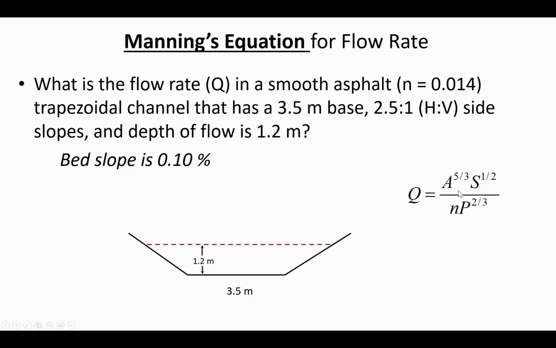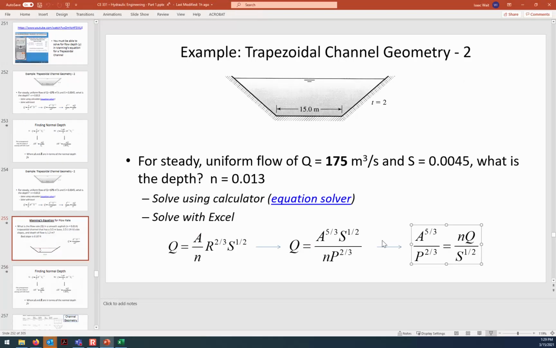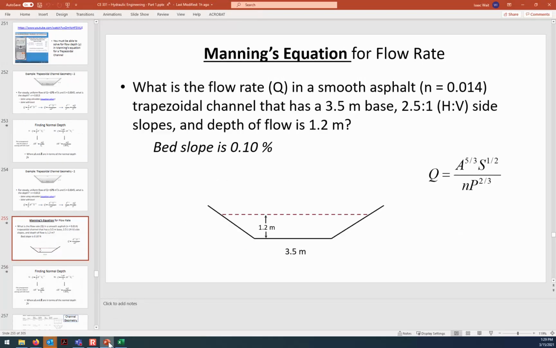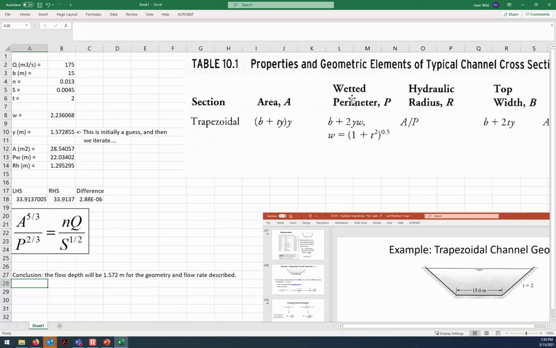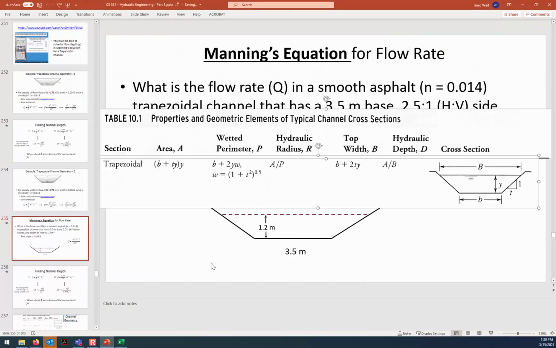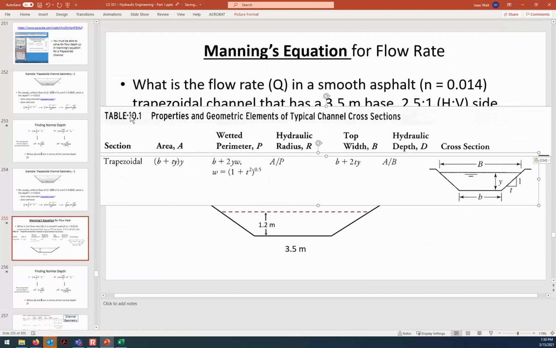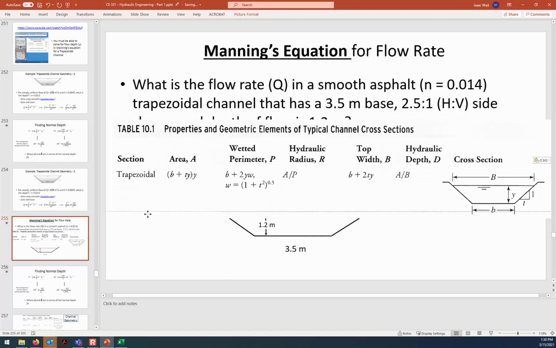I've written this one where it's area to the 5/3 divided by wetted perimeter to the 2/3. And you can use this same set of geometry. Here's our geometric parameters.